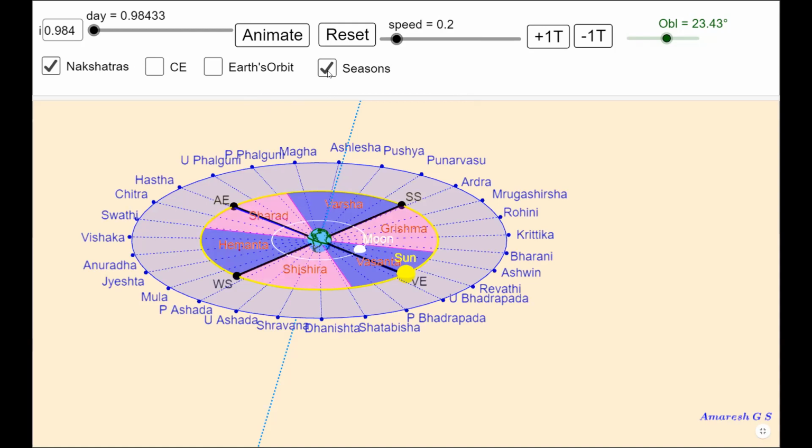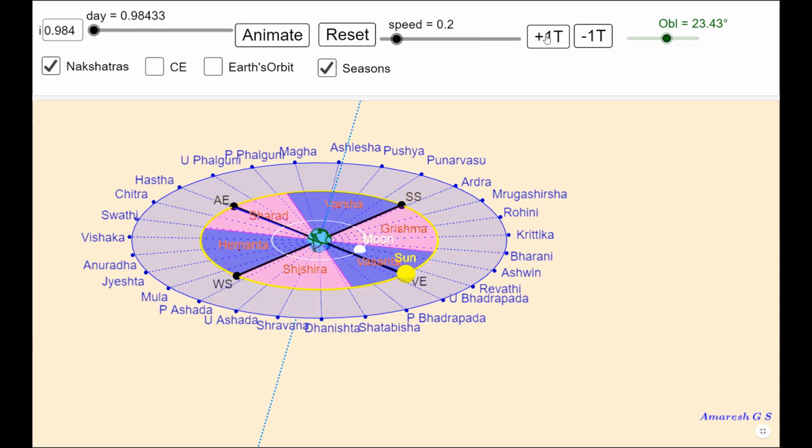In the Indian calendar, the solar year begins with the day of vernal equinox or the spring equinox, and it is the midway point of the Vasanta Rutu or spring season.